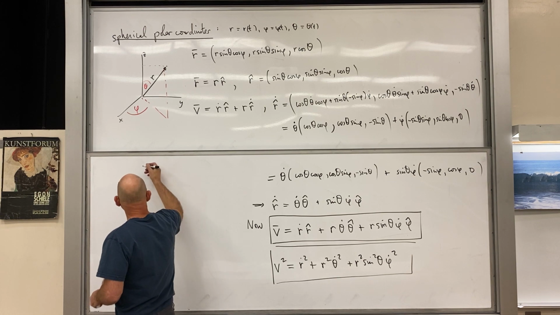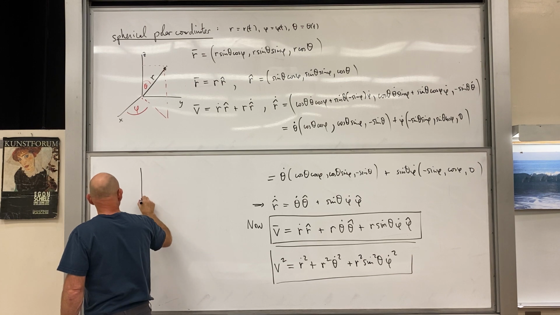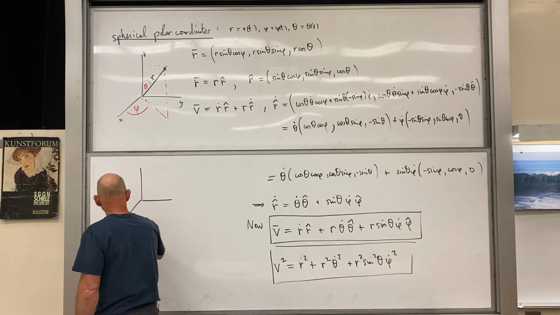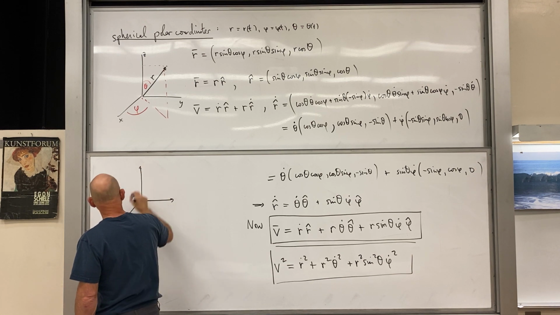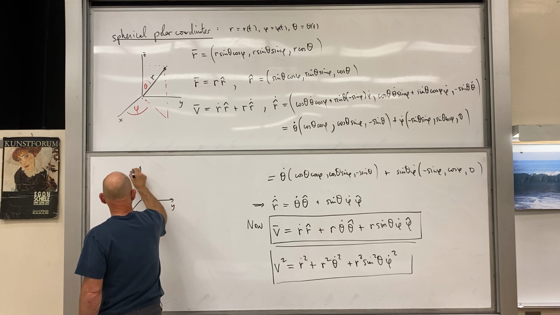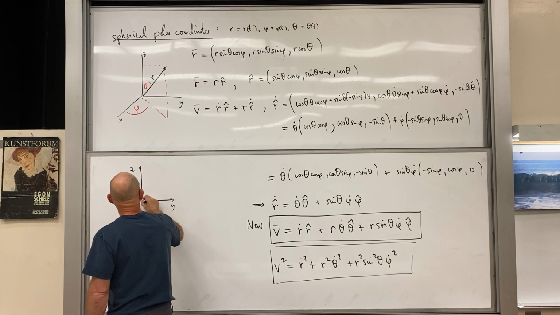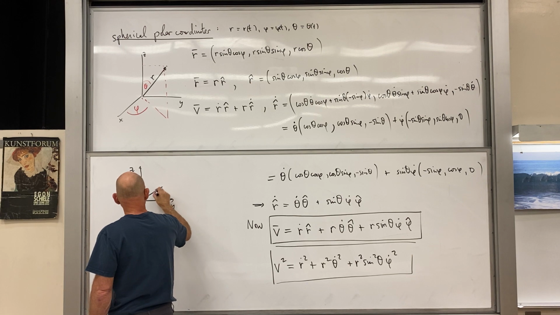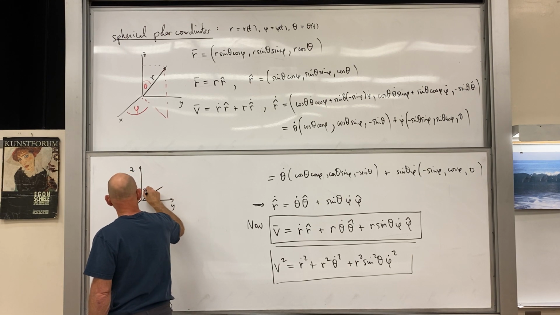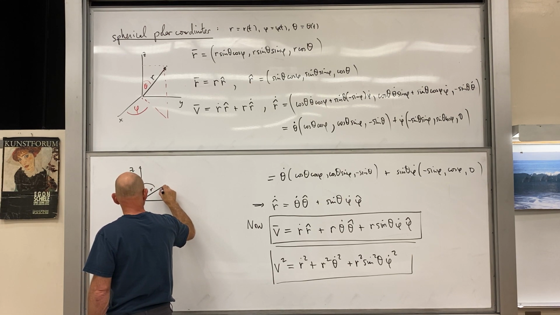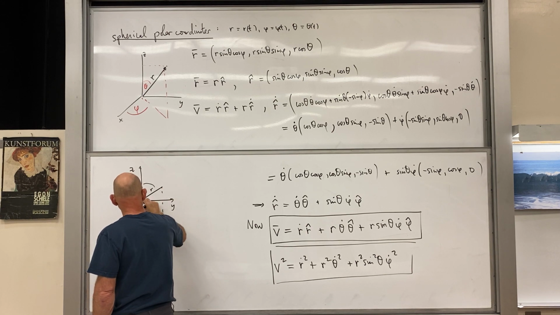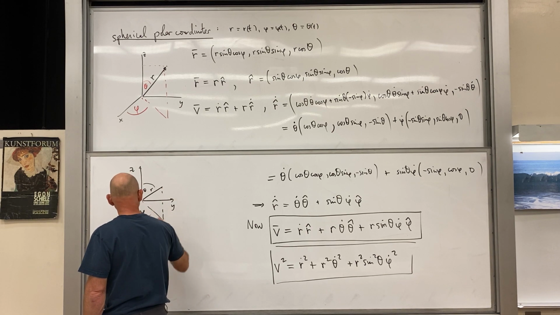I'm just going to duplicate that picture up there down here with slightly different designations. Good. So here we have our x, y, z. Here we have that vector r. There's our theta. Projected down to here. There's our phi.